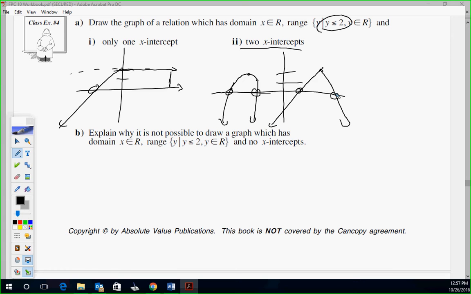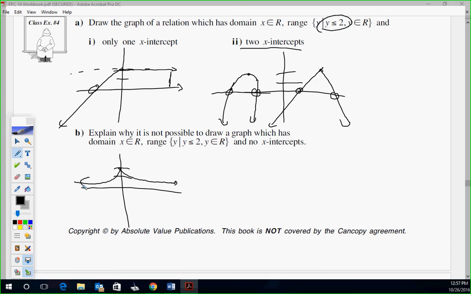Okay, explain why it's not possible to draw a graph which has a domain of all reals, y less than 2, and has no x-intercepts. Well, because if it's all reals, our range is less than or equal to 2, but has no x-intercepts. That means it has to be something like this. It just wouldn't be realistic in doing so.